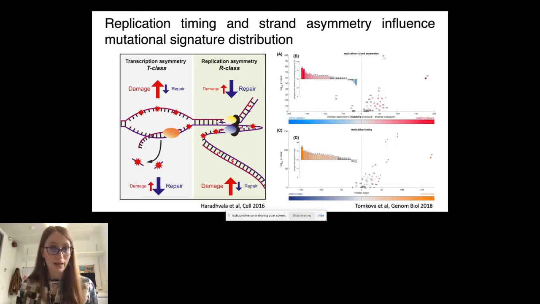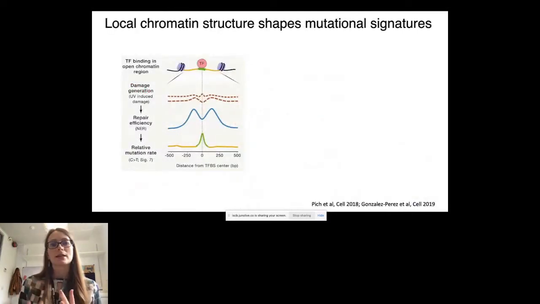Not all of them show this, but one particularly interesting process for this is called signature 17, and we call it that because we don't really know yet what the etiology of that process is. I will come back to it, but it does have a very strong transcriptional and replication time bias. So do keep in mind signature 17 because I will come back to it.